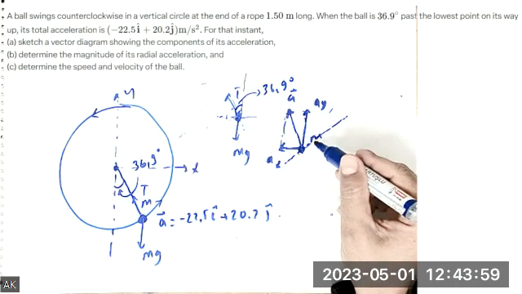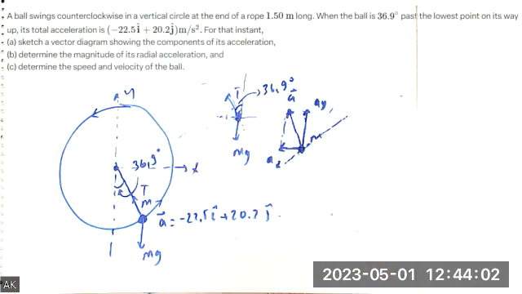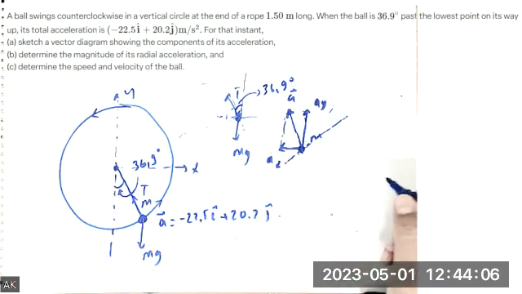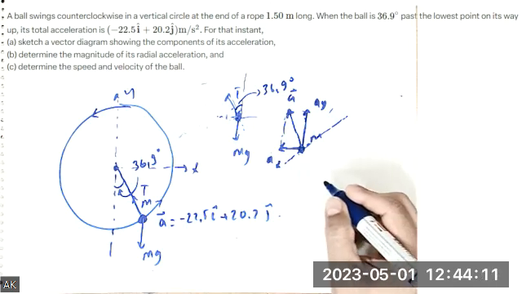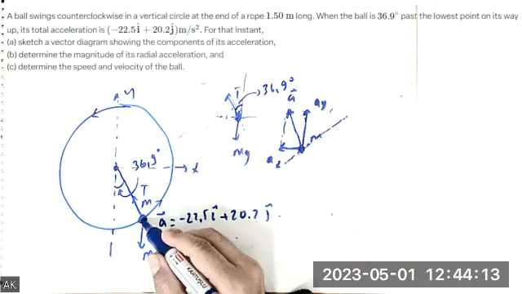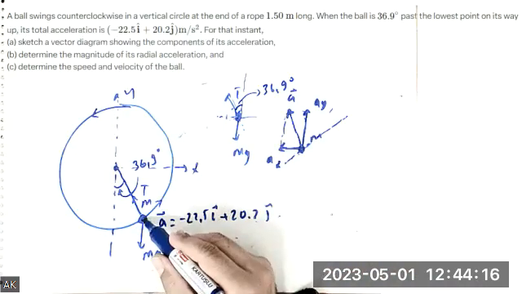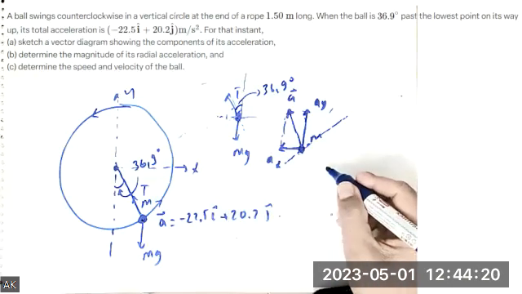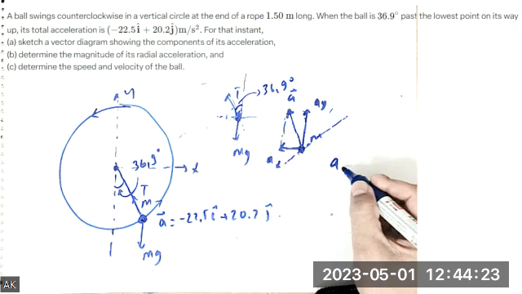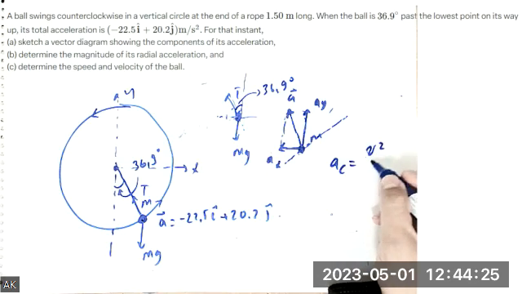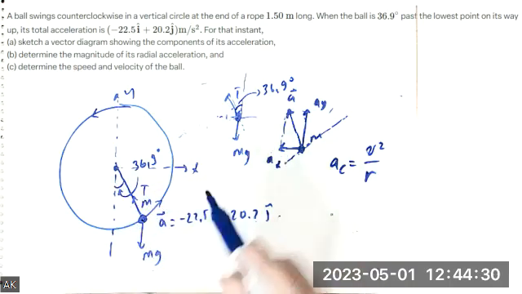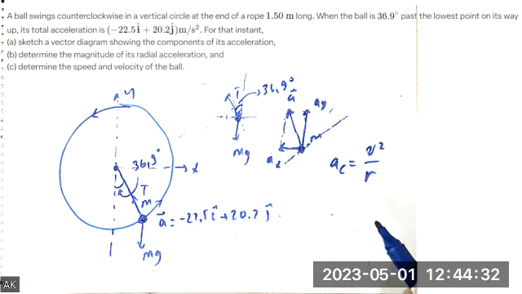And one thing that you can do is, if you can find the velocity right at that point, you know the acceleration, but you don't know the velocity. So the radial acceleration is going to be related to the velocity vector, as this is the radial or centripetal acceleration. Velocity squared divided by r. And r is the length of this rope, okay? It is given in the problem, 1.5 meters.